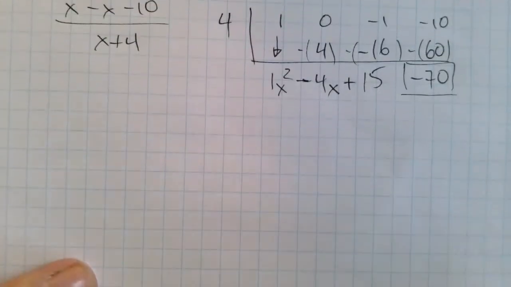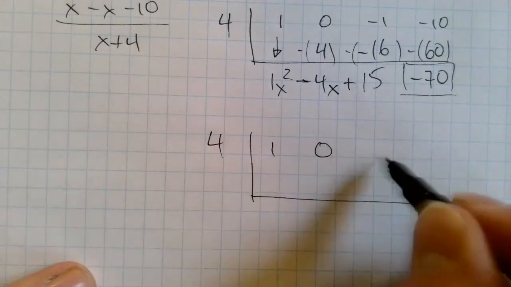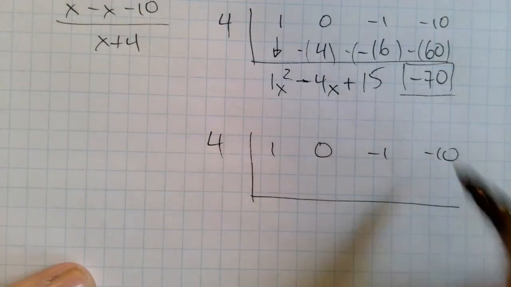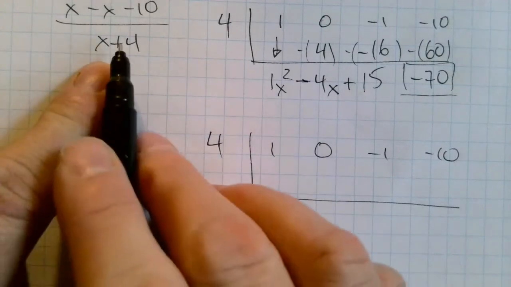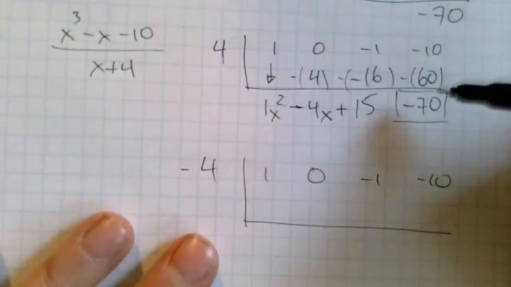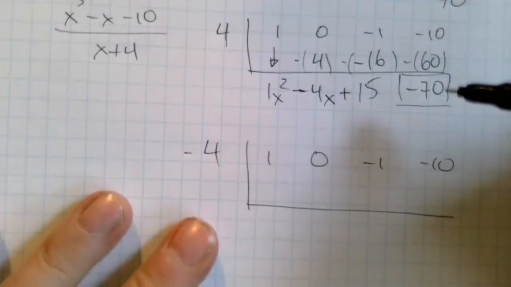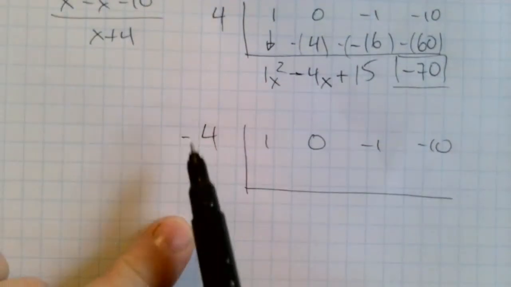Now, another way that you could do this is normally the way I teach it here. Same setup, but instead of using positive 4, what I do is I change the sign here and I make that negative 4. Okay? So instead of subtracting all the time, I am now going to add because I've already incorporated the subtraction into here.